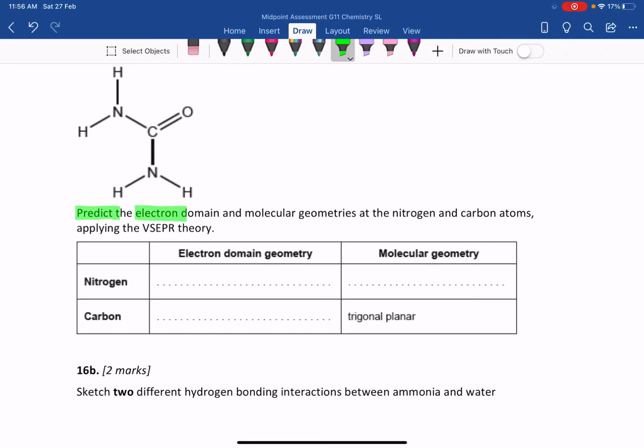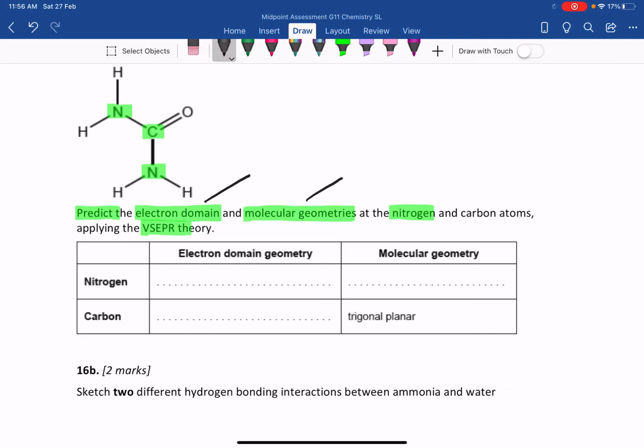The electron domain and molecular geometries at the nitrogen and the carbon atoms, applying valence shell electron pair repulsion theory. Okay, so that means you need to know the difference between the electron domain geometry and the molecular geometry.